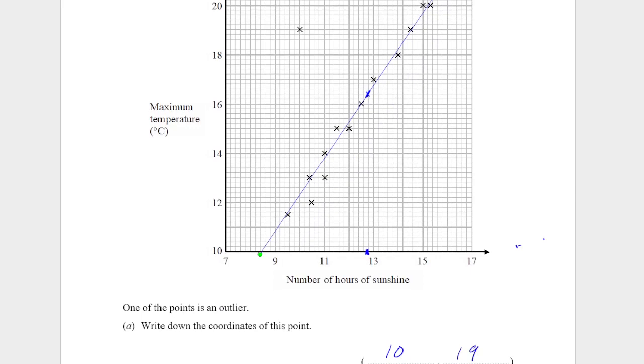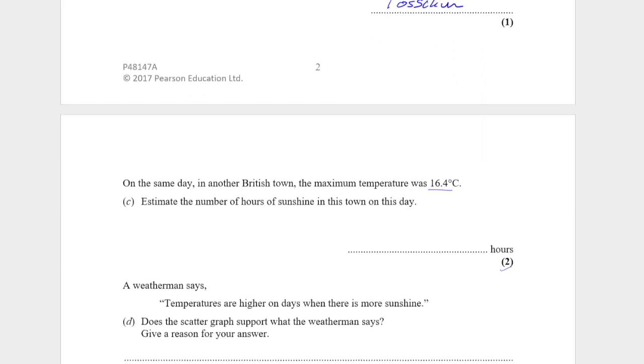Yeah, I'm going to go 12.8. And there'll be a bound of error on that one. So let me just bring up the mark scheme. Okay, the mark scheme says that it will allow anything between 12 and 13.